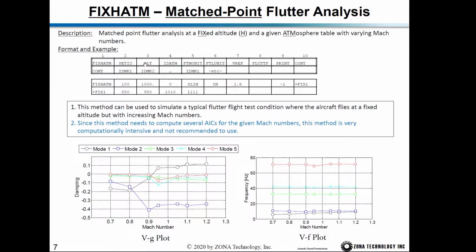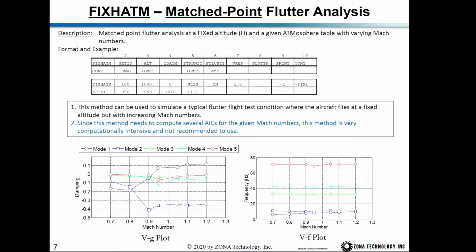So you specify altitude, and you specify the mass and length unit, because this unit can be different from those defined in the Aero card.